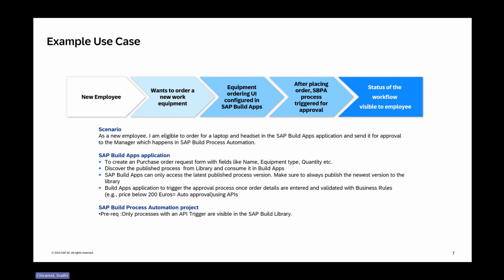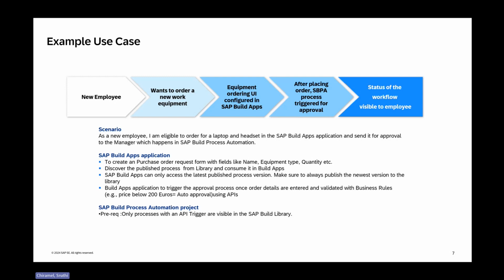And within the rules or the decisions that are established within process automation, we would also add a condition that if the price is below 200 euros, it will go in for auto approval, or else if it's greater than 200 euros, for example, if a monitor costs greater than 200 euros, it should go through a managerial approval.